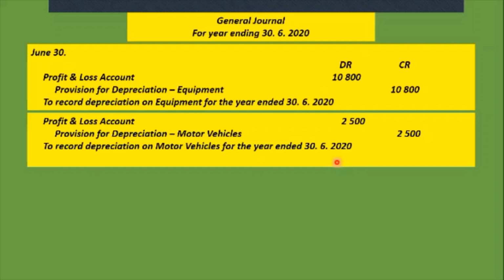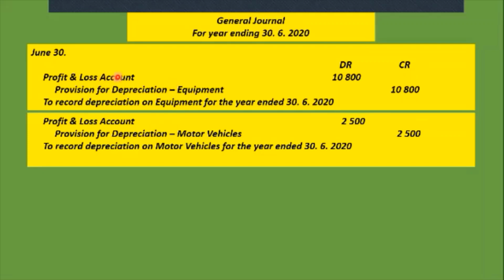June 2020. Now, we could have joined both of these entries together as well, and that would also be acceptable. We add the two debits for the profit and loss together, and the provisions will have two separate credits, right?